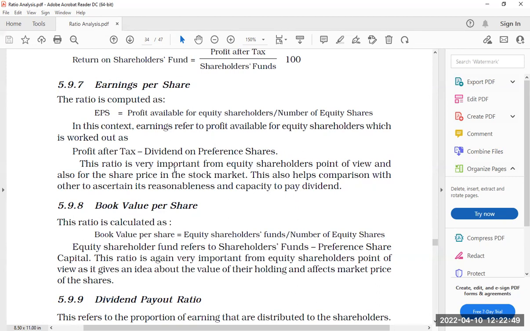So formula is earning per share is equal to net profit available to equity shareholders divided by number of equity shares in the company. Okay, look at this. Profit after tax minus dividend payable for preference shareholders, that need to be divided by number of equity shares.